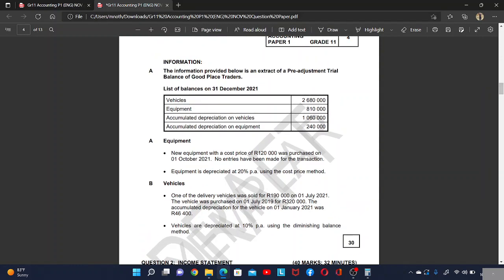The information provided below is an extract of a pre-adjustment trial balance of Good Place Traders, a list of balances on 31 December 2021. New equipment with a cost price of 120,000 was purchased on 1 October 2021.